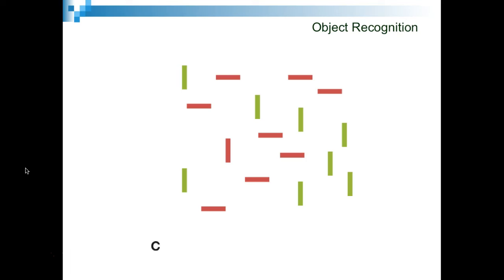Because the target has two features, verticalness and redness, and those same two features overlap with the distractors. The distractors are verticals, in this case greens, and reds. So vertical and red is part of the distractor, and it's also part of the target.